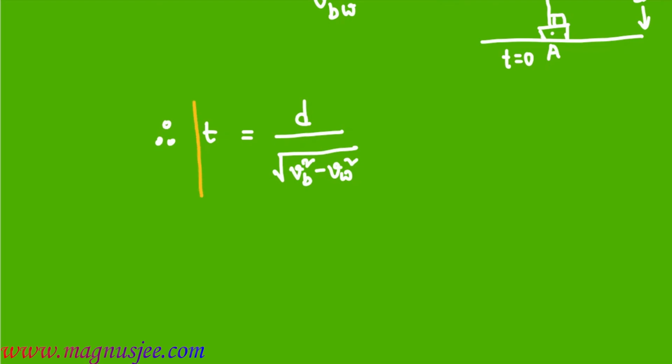We get t equal to D divided by root over VB square minus VW square.